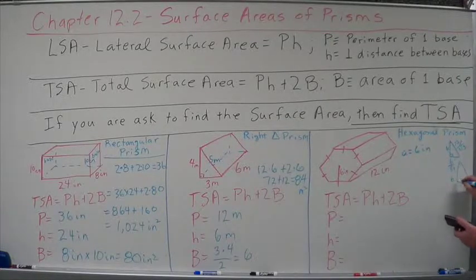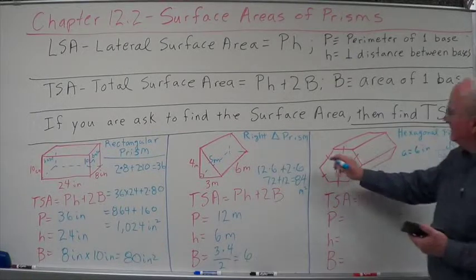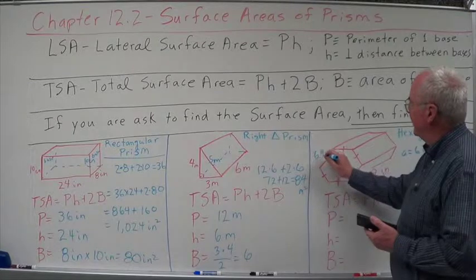If this is 6, this is going to be 3.46. Double that, this is going to be 6.93. So this piece out here is going to be 6.93. So one of these sides is going to be 6.93.